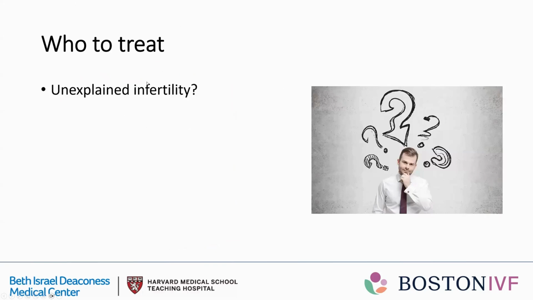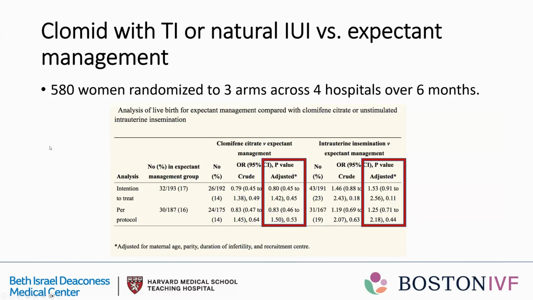Should you be treating patients with unexplained infertility in your office? This is a study that looked at 580 women that were randomized to 3 arms across 4 hospitals over 6 months. The 3 arms were Clomid with timed intercourse, just an IUI with no Clomid, versus expectant management.